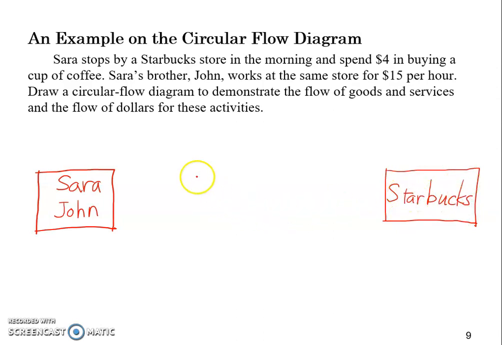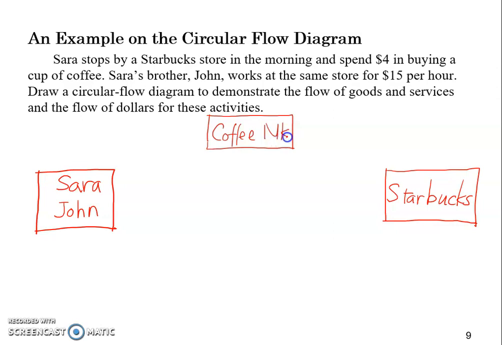Let's look at the first part of this example. Sarah stops by a Starbucks store in the morning and spends $4 buying a cup of coffee. So here, the market that connects Sarah and Starbucks is the coffee market. This is, again, a specific example of a market for goods and services.